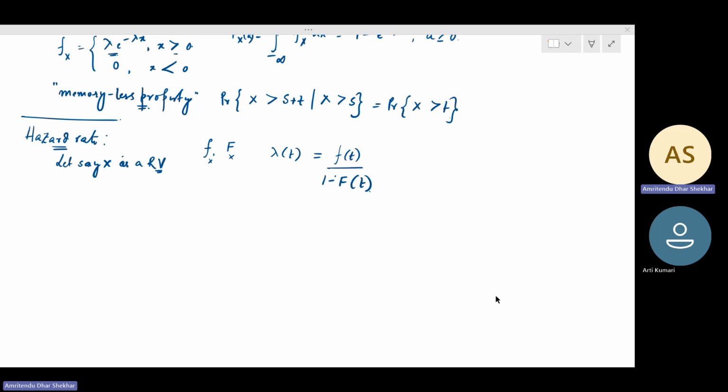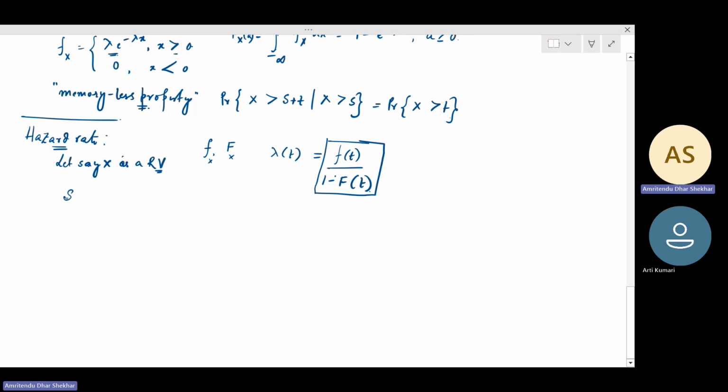Okay. Now, what is this? How to interpret this particular expression? Say x is some random variable which models something. Let's take an example.